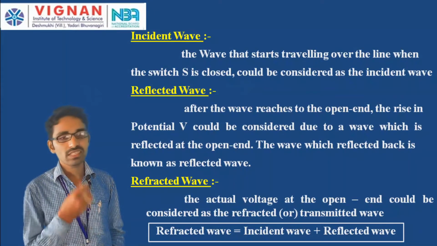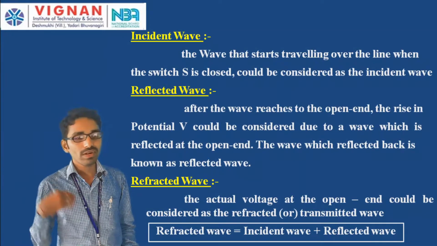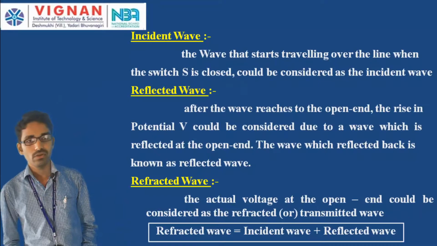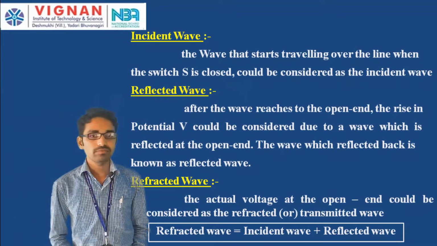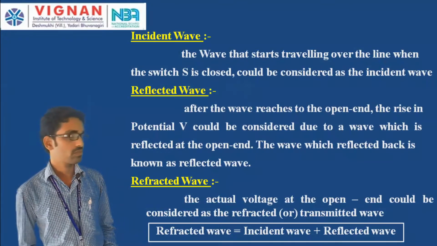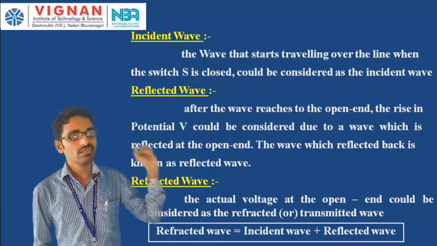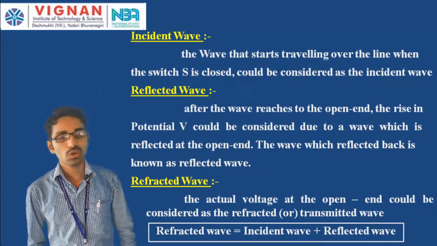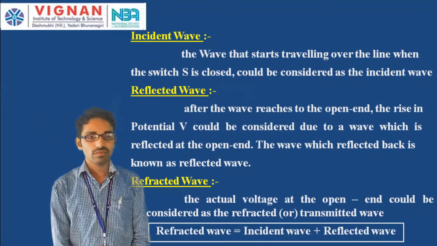Here I am saying that there is an incident wave, a reflected wave and a refracted wave. What is the incident wave? The wave that starts traveling over the line when the switch S is closed, from the sending end, is considered the incident wave.